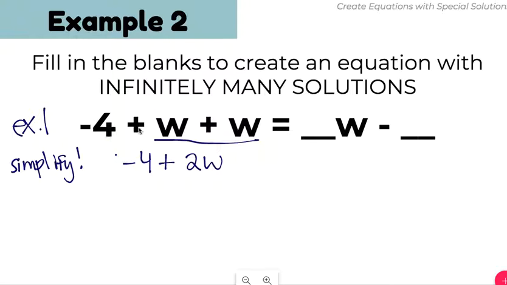So I get -4 plus 2w. I'm going to leave my blanks, but I'm going to do my add the opposite. So the right-hand side is going to become blank w plus negative blank. So remember, my coefficients have to be the same, my constants have to be the same. So this is going to help us make sure that everything's accurate.